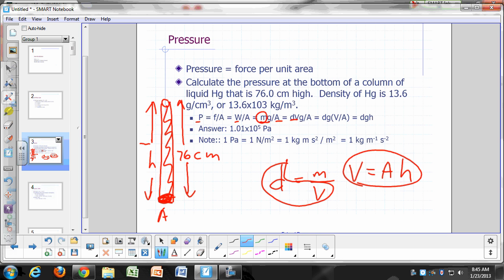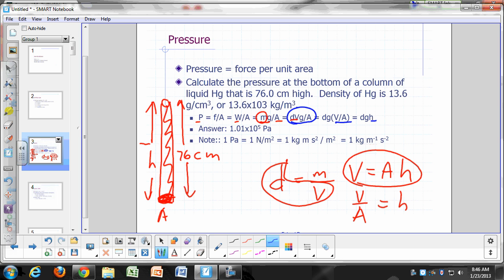So that means if I divide volume by area, I'm just going to get my height. So if I rearrange this equation, I can replace volume over area by the height. So the pressure due to a column of liquid, if you're at the bottom of that column of liquid, will just be equal to the density of that liquid multiplied by the acceleration due to gravity multiplied by the height of the liquid.